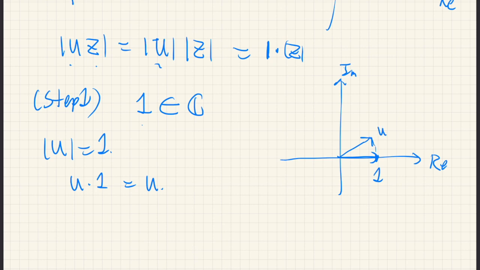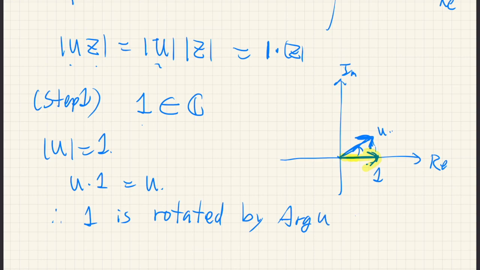If we multiply 1 by u, then the result is u itself. So indeed, the result is the rotation of 1 by the argument of u counterclockwise. So therefore 1 is rotated by the argument of u counterclockwise.